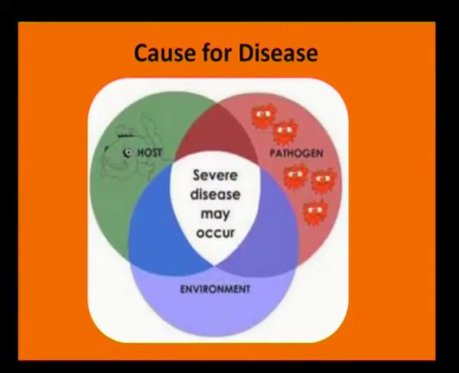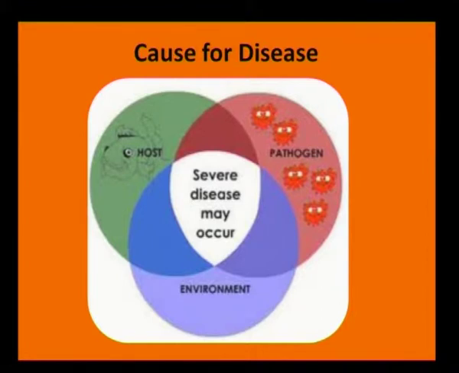Now, look at the picture, the cause for the diseases. Look at the center. Severe diseases may occur due to these three factors. They are the host, the pathogen, and the environment. The environment is closely related.